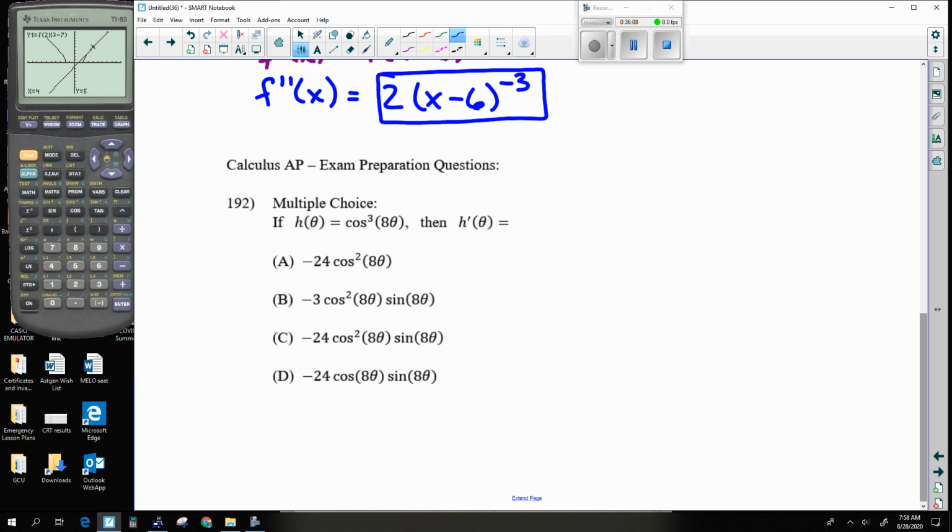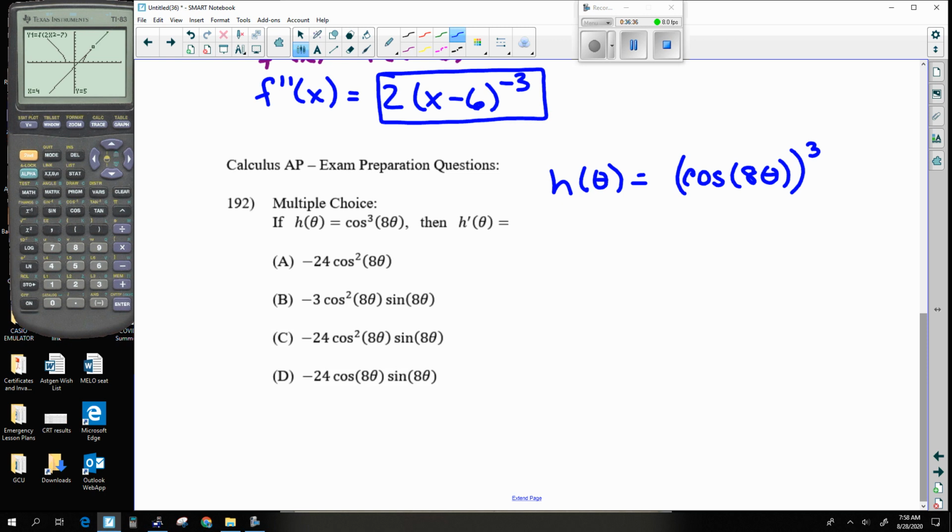Okay. Now find h prime. All right, so I have to notice that h is equal to cosine of 8 theta, to the third. So that was cosine to the third power, which is the same thing as to the fifth power.